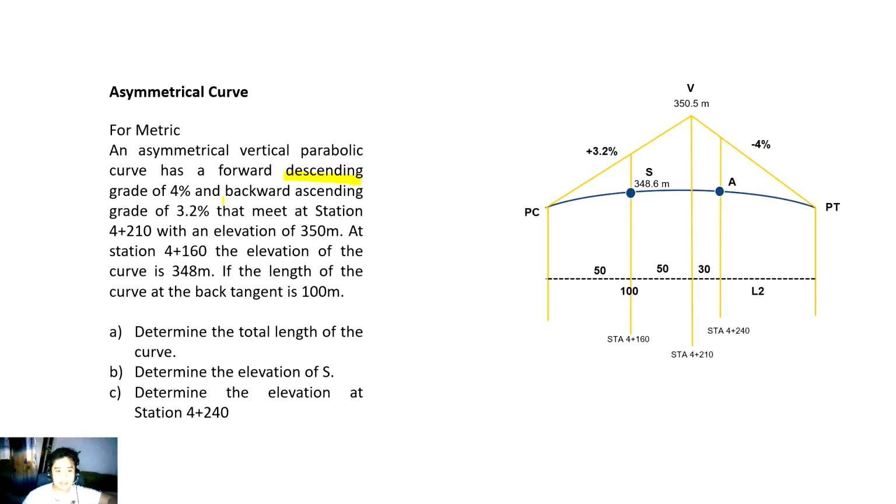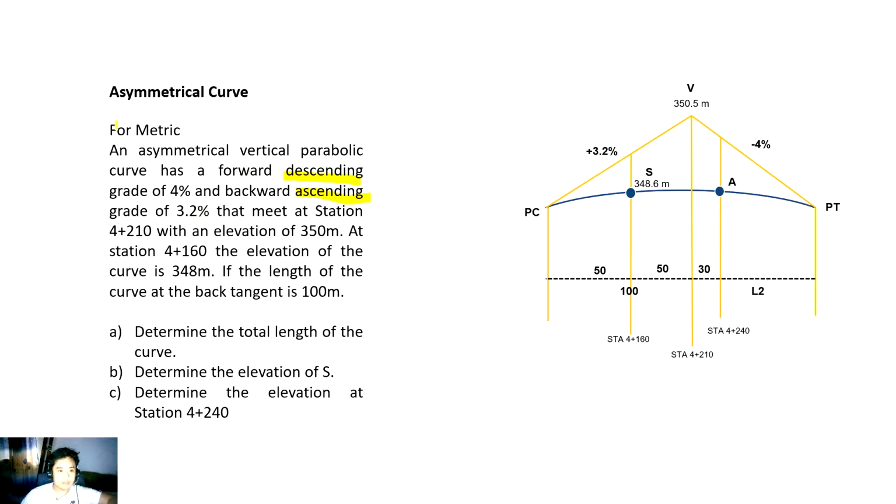So, ibig sabihin, pag 3.2% daw na yun, yung nasa backward, itong nasa likod na part, ascending daw siya. So, imbis na pababa, siya ay pataas, unlike sa previous na given. So, since siya ay ascending, siya ay positive. So, ang magiging itsura ng curve natin, or ng figure ay summit curve.